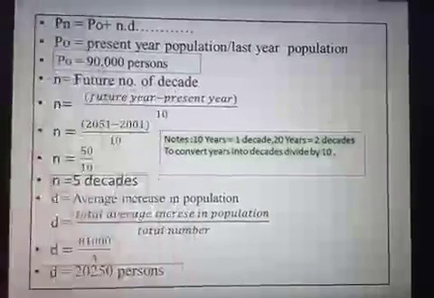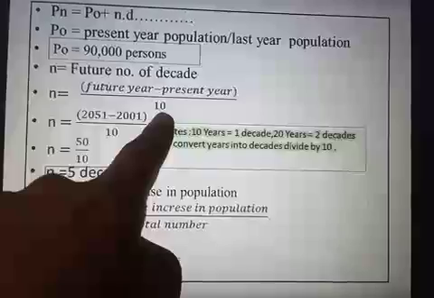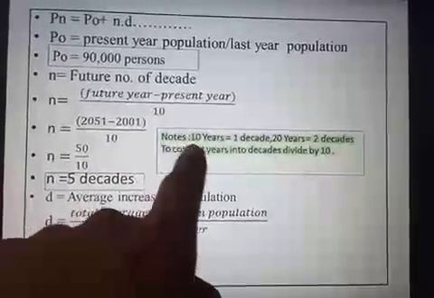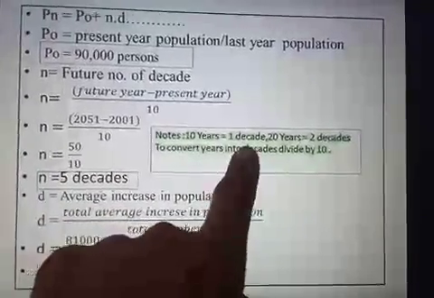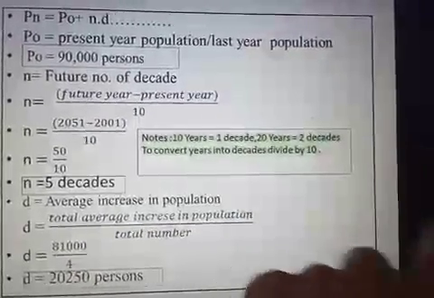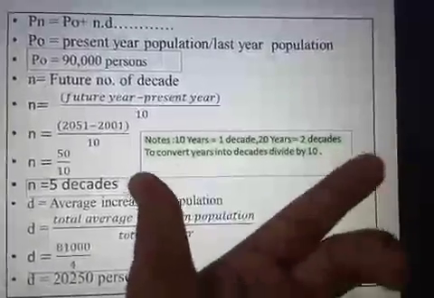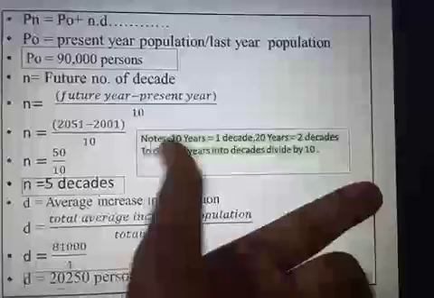Due to this, we always divide by 10. Now I have given year notes: 10 years equal 1 decade, 20 years equal 2 decades, 30 years equal 3 decades, 40 years equal 4 decades, 50 years equal 5 decades respectively.